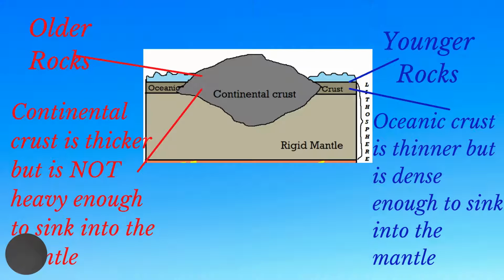It is not dense enough to sink into the mantle, being made of minerals such as silica and aluminum. Because of this, the rocks are not recycled, and so the rocks are older.